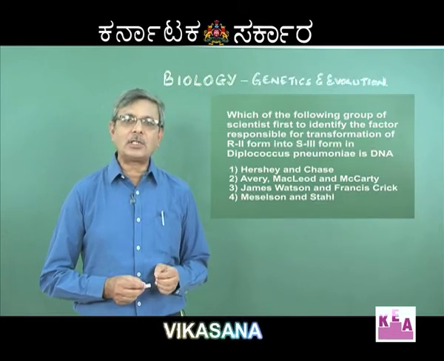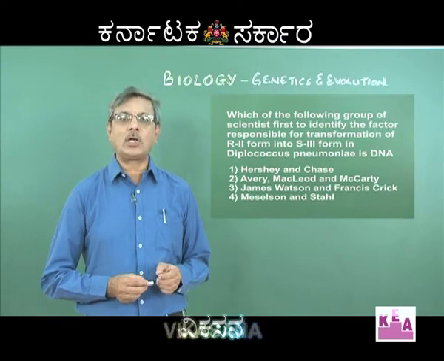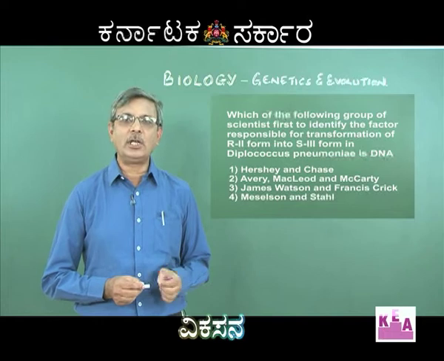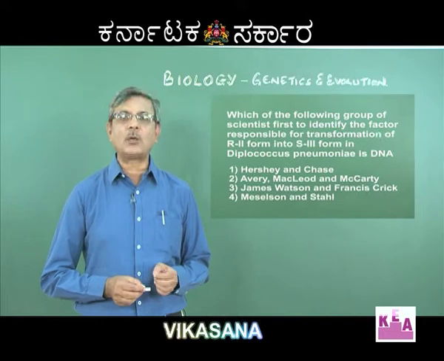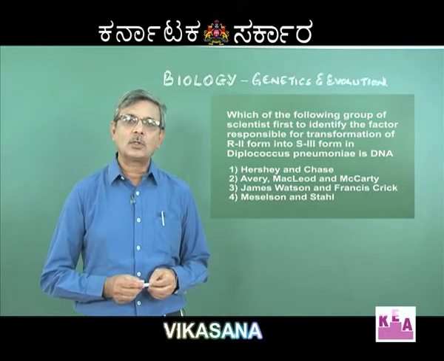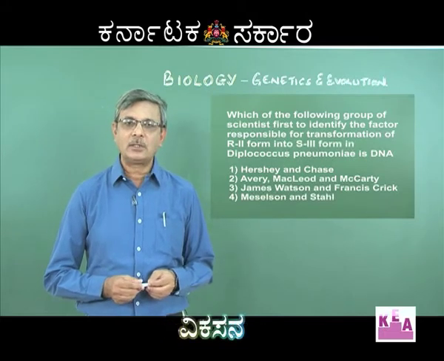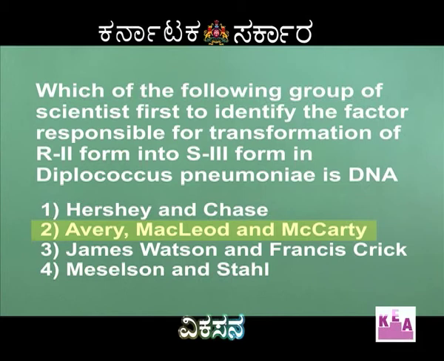They conducted this experiment under in vitro conditions using digestive enzymes and showed that it is the DNA which is the transformation chemical. That's how scientists started talking about DNA as the genetic material. So the answer is option 2, Avery, MacLeod and McCarthy.